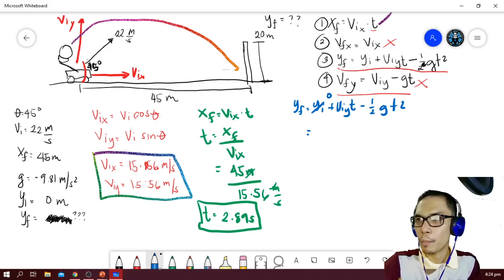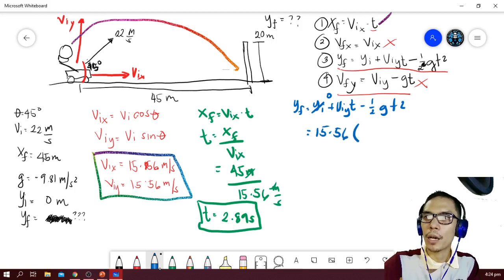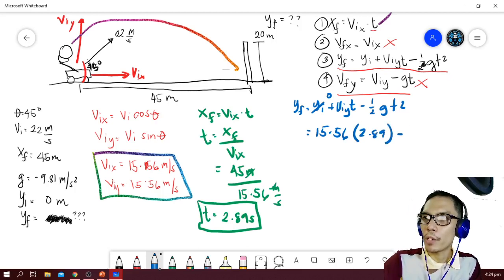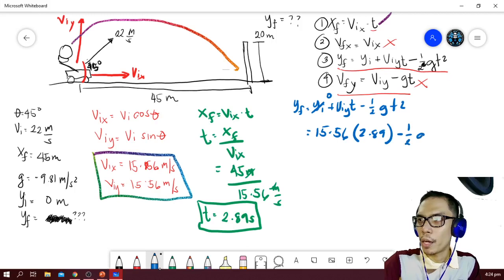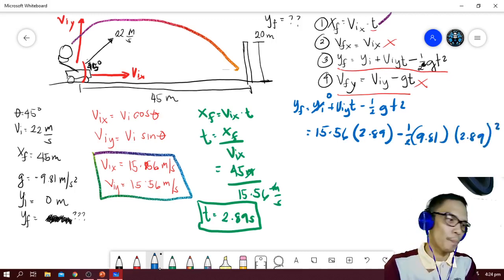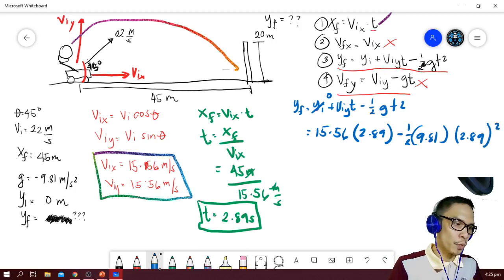V sub iy is 15.56 times the time, which is 2.89, minus 1/2 times 9.81 times 2.89 squared.